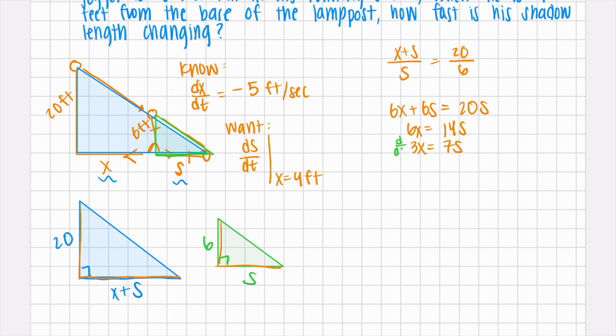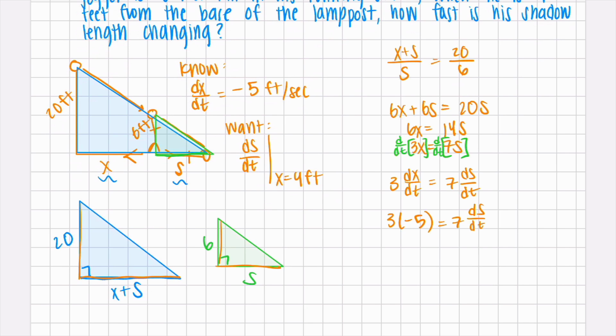So I'm going to take the derivative with respect to t on both sides. We get 3 dx/dt equals 7 ds/dt. Let's plug in. I know that dx/dt is negative 5. I'm solving for ds/dt.